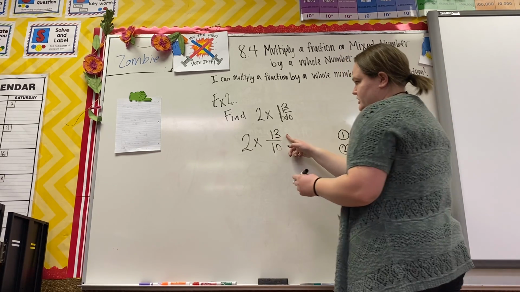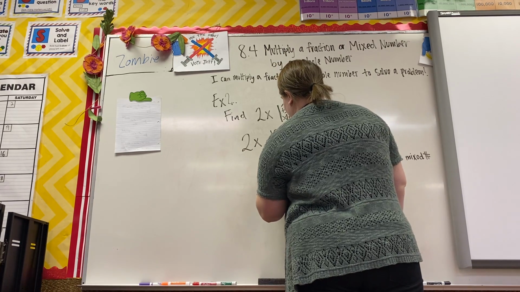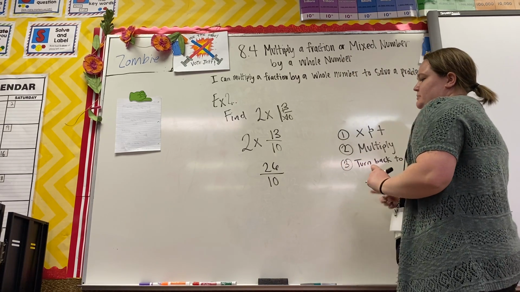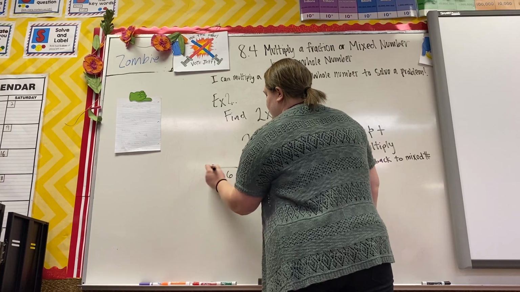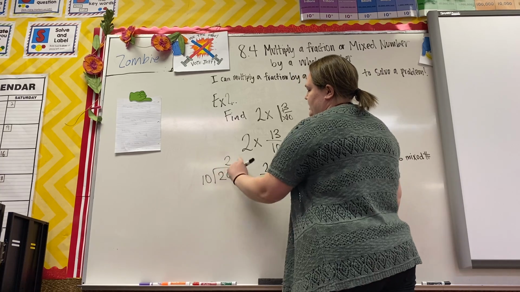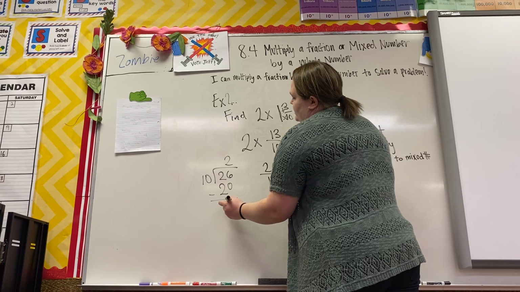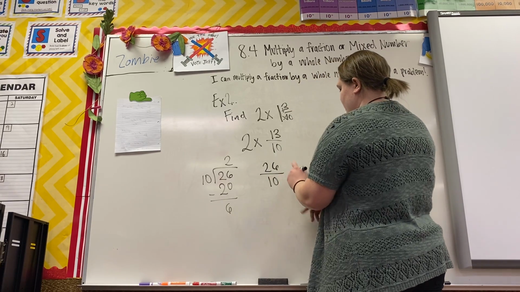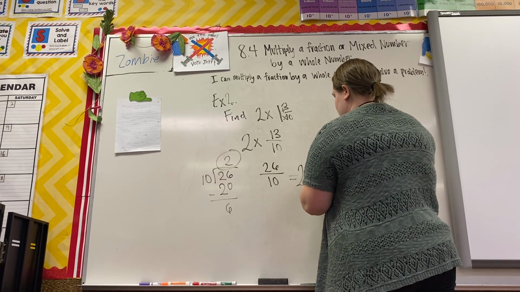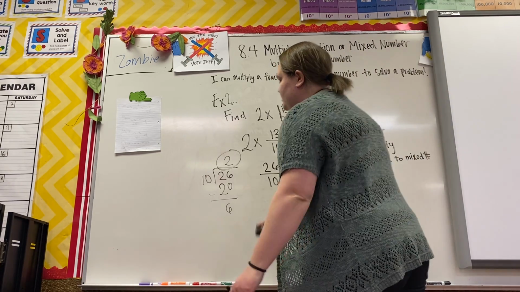So 2 times 13 is 26 over 10. So now we need to turn it back into a mixed number. So 26 divided by 10. 10 can go into 26 2 times. 10 times 2 is 20. And 26 take away 20 is 6. So we have 2 as our whole number, and then 6 tenths. And that's your answer. Let's try another one.